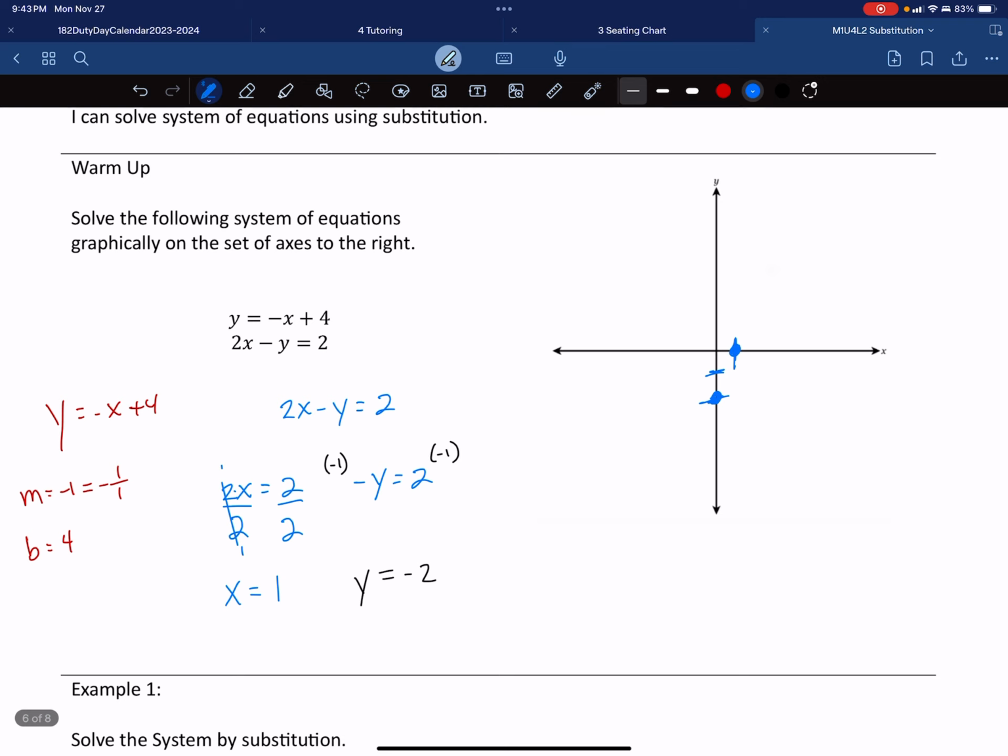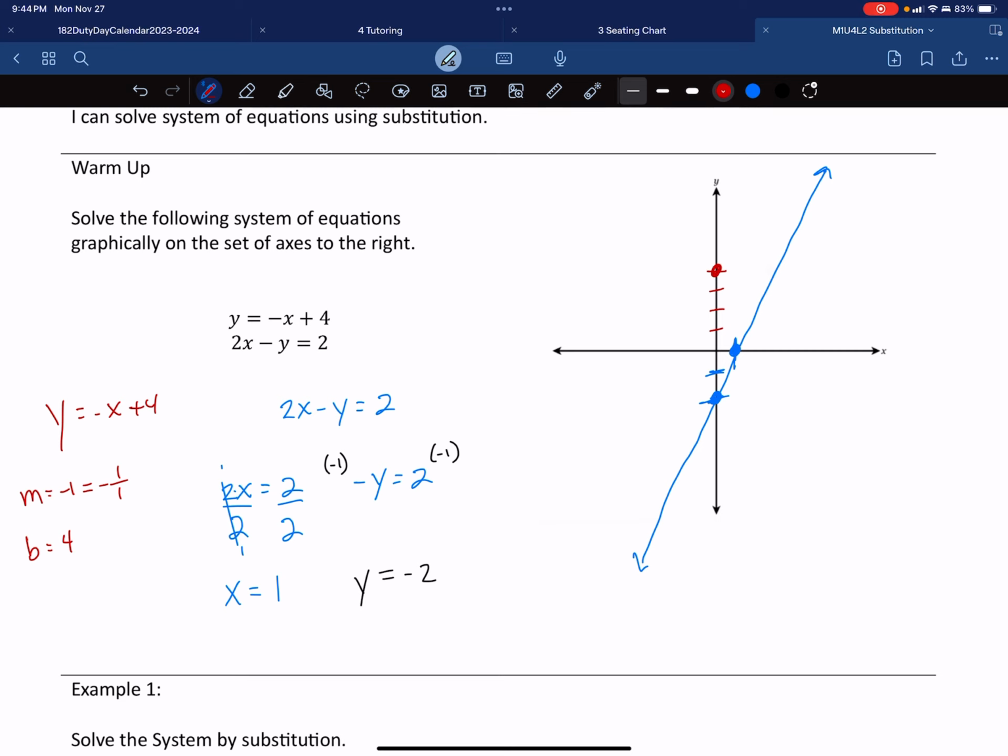Another way to think about this is we're going to have a slope of positive 2 over 1 with a y-intercept of negative 2. And my other equation is going to be a y-intercept of 4, and a slope of negative 1.